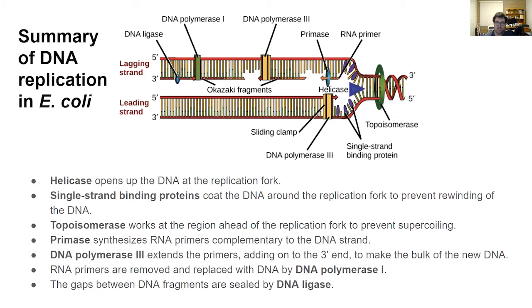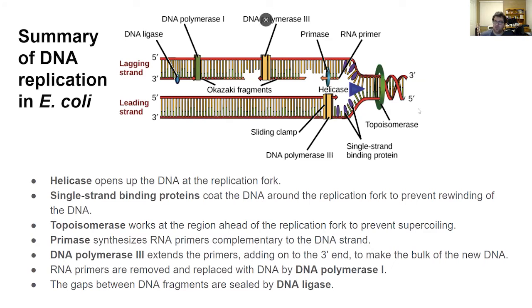Basically, if you think of it as being like a plastic ruler that is twisted around and under tension, that enzyme is lowering that tension so the DNA doesn't coil up and spring back into shape.